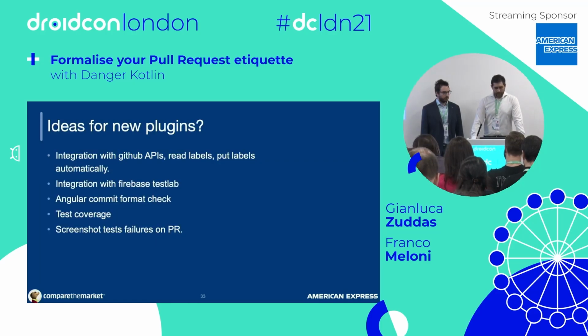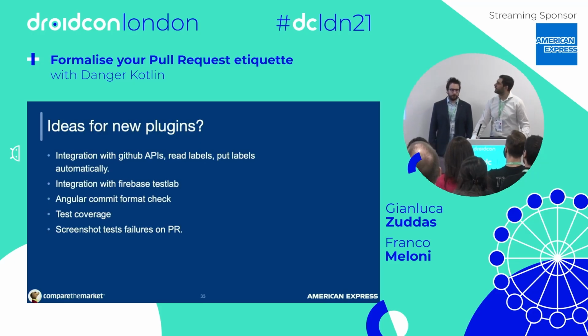And okay, so this is a personal list of plugins that I would like to have, just to give you some ideas of what you can implement if you wish. I would like to have a direct integration inside Danger Kotlin with the GitLab API, to be able to add and remove labels when you need, or integration with Firebase Test Lab would be quite cool.